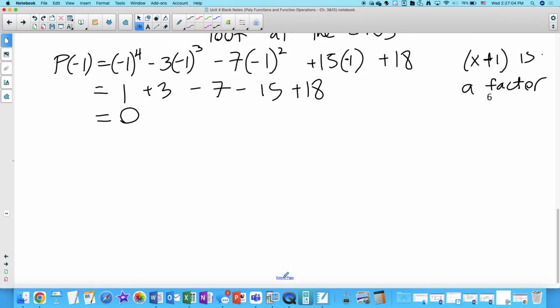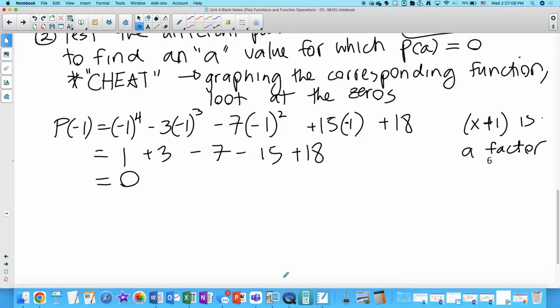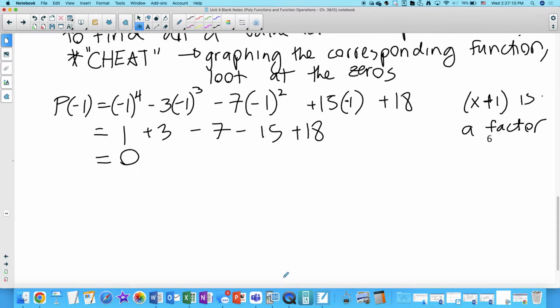Okay, so now what do you think we need to do? Yeah, the long division, because we want to know what else is left. It's like prime factoring 100: we know that 2 is a prime factor, but what else is left?